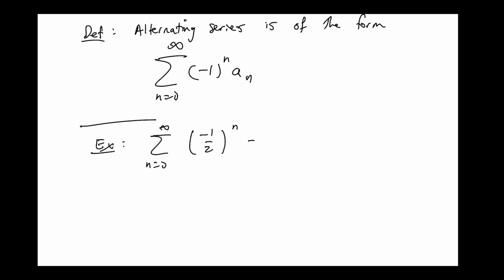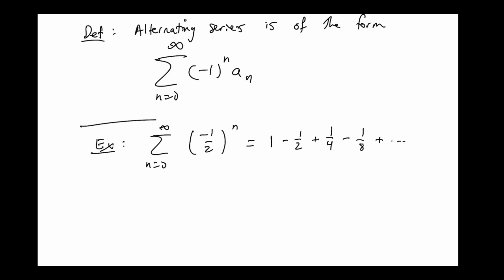Yeah, it's geometric. So what are the terms of this thing? Well, what's the first term? Why? Because I started at n equals 0, not n equals 1. So then it'd be that minus this plus that minus this, and so on. What does this add up to?